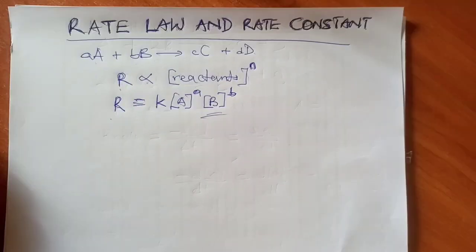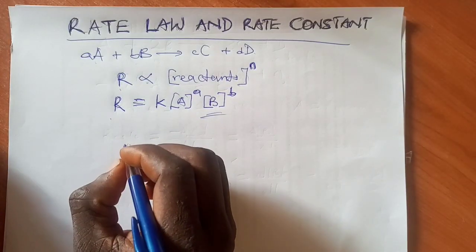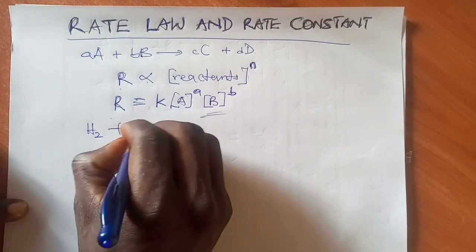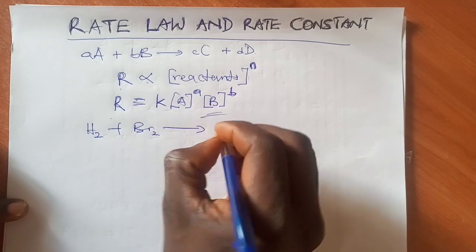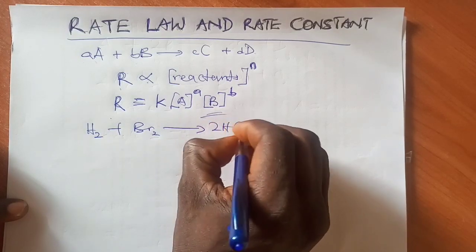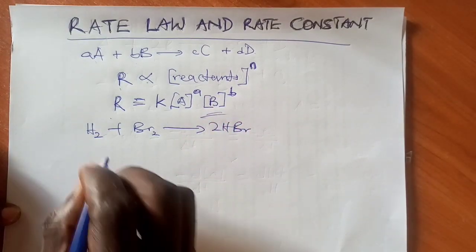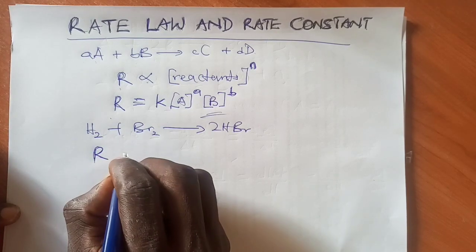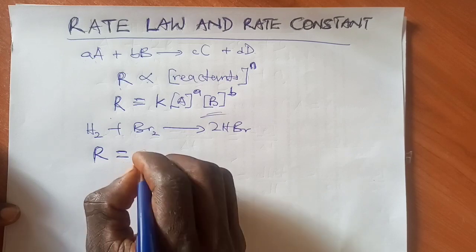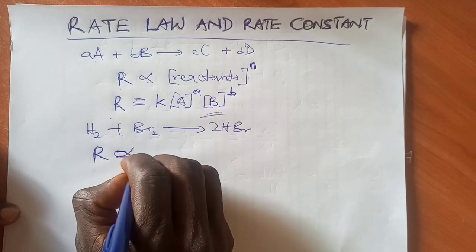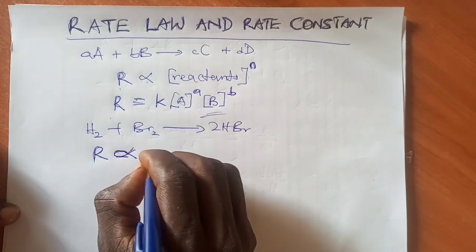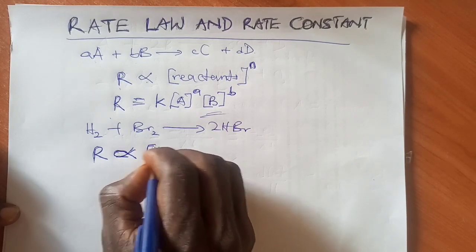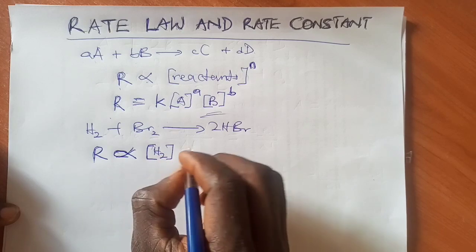For example, you have a reaction: hydrogen plus bromine gas gives you hydrogen bromide gas. If you are going to write the rate law for this reaction from a theoretical view, R is proportional to the product of the concentrations of the reactants raised to the appropriate power.